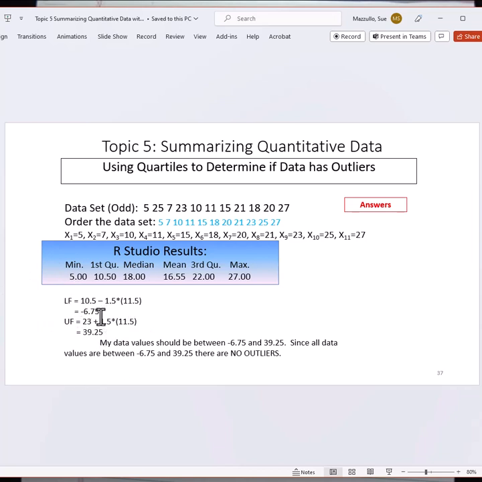It would land inside of here, but the maximum data value is 27. It lies within here. So on a number line, my lower fence was calculated to be negative 6.75, and my upper fence was 39.25. And I had that 5-number summary of 5, 10.5, 18, 22, and 27.